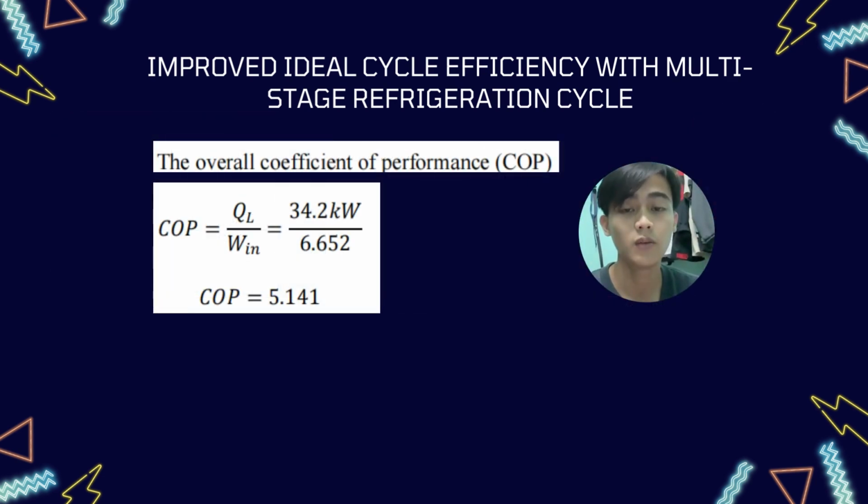Finally, we can find the value of COP by using the formula COP equals QL over W in, where we already found the value of QL and W in, and we will get the COP equal to 5.141.